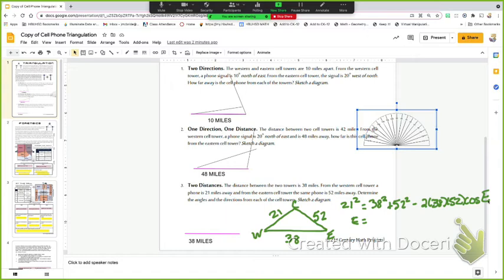And remember, once you have angle E, you'll revert to the law of sines to find angle C. And then once you have E and C, W is a piece of cake.